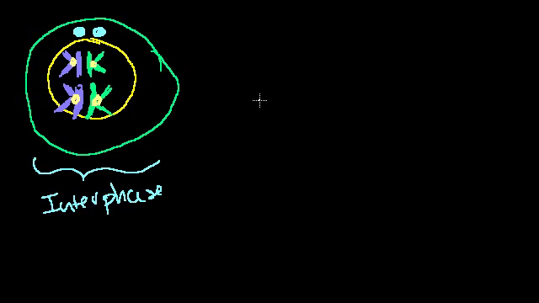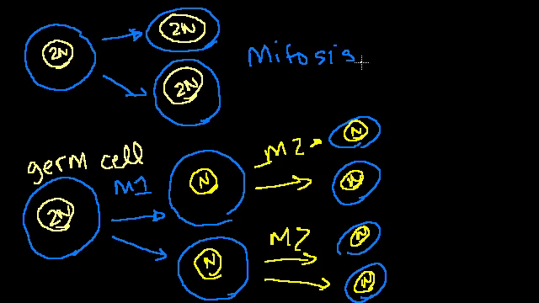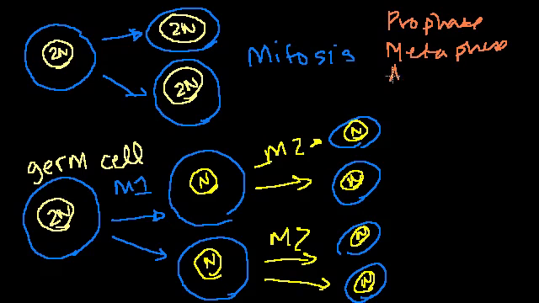This is a germ cell. So what happens is we enter into prophase 1. Let me write this down because I think it's important. In mitosis, you have prophase, metaphase, anaphase, and telophase.